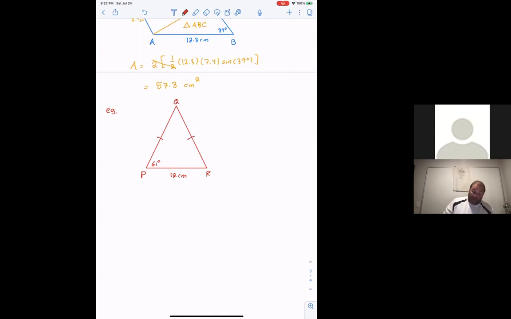Let's find one of the other two sides, in particular the left side, because that way we have side and sine of the sandwiched angle. Of course, if we get the right side, it's the same as the left side because it's isosceles. So how are we going to do that? Well, it's not a right triangle. So we have two options. We have the law of sines, or we have the law of cosines.